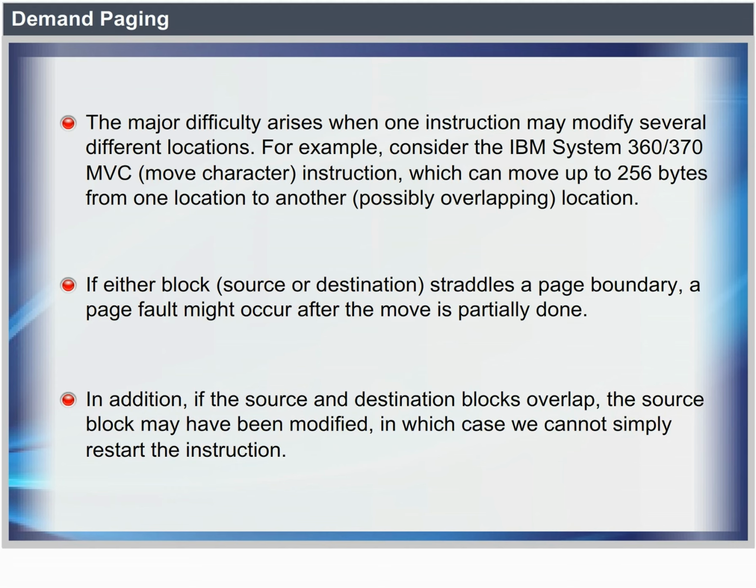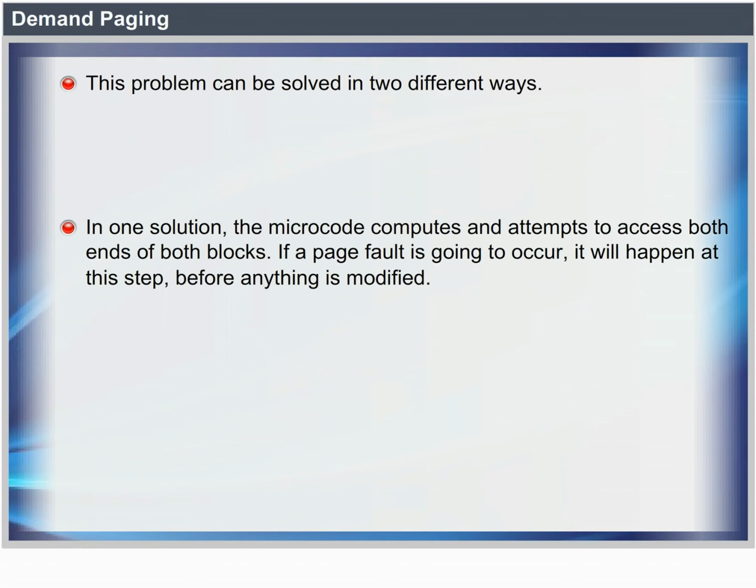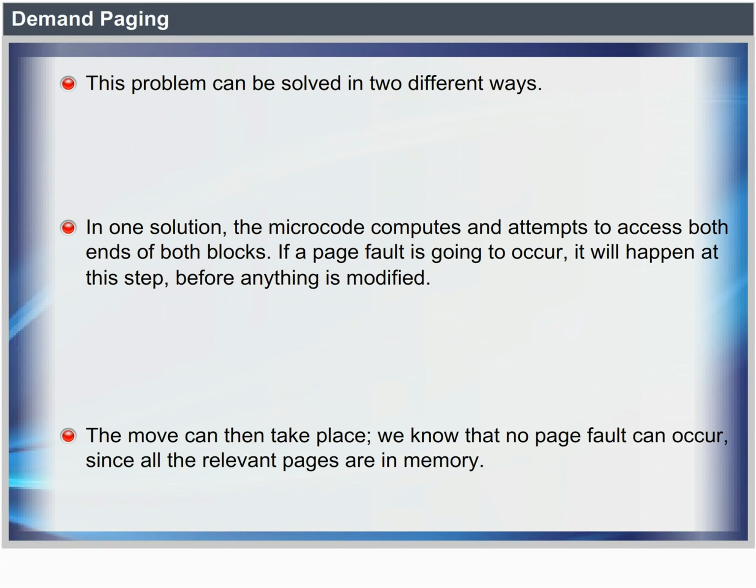This problem can be solved in 2 different ways. In one solution, the microcode computes and attempts to access both ends of both blocks. If a page fault is going to occur, it will happen at this step, before anything is modified. The move can then take place. We know that no page fault can occur since all the relevant pages are in memory.